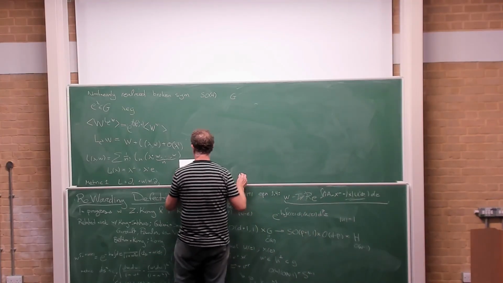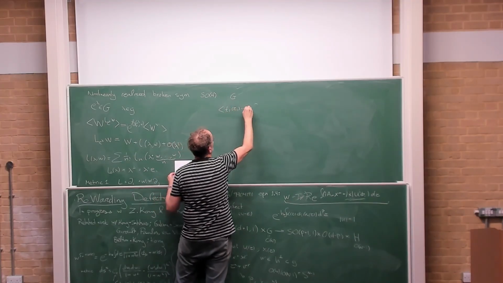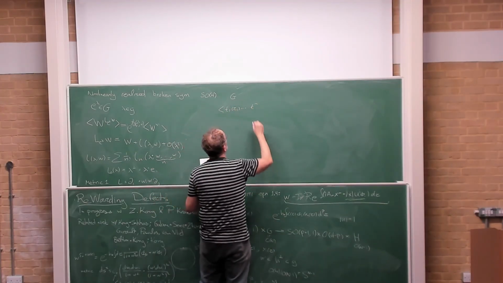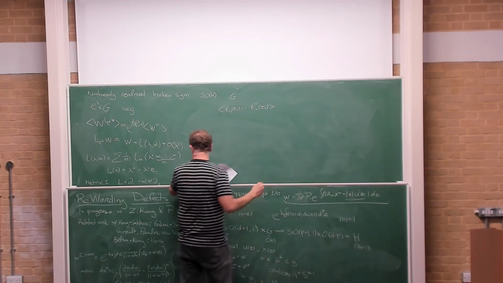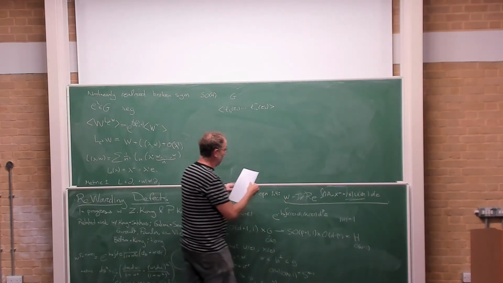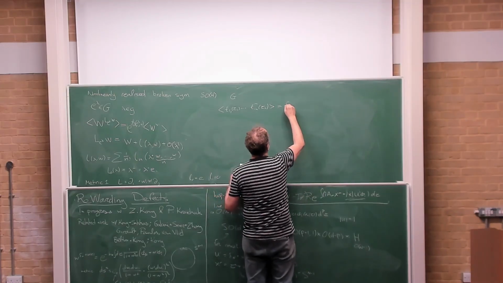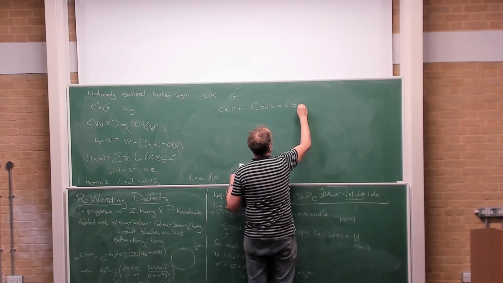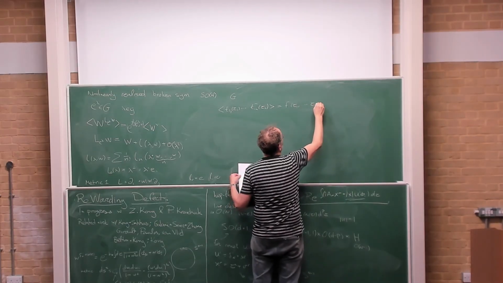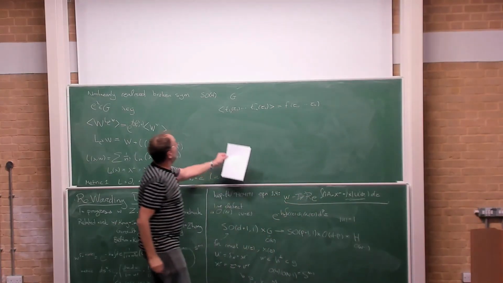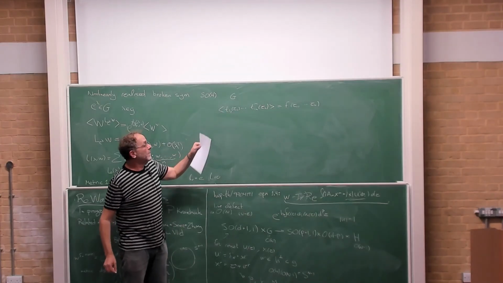So, to be explicit, we're going to be looking at T_{i1} up to T_{ik} of tau_1 up to tau_k, and this will be equal to a function of tau_1 up to tau_k. But actually, this quantity is not a function. It's a distribution. There are going to be contact terms in it.